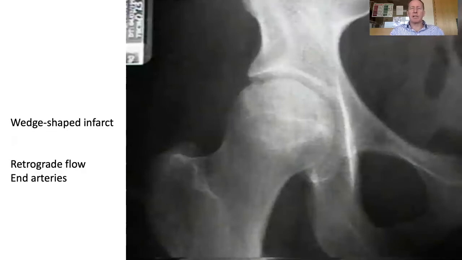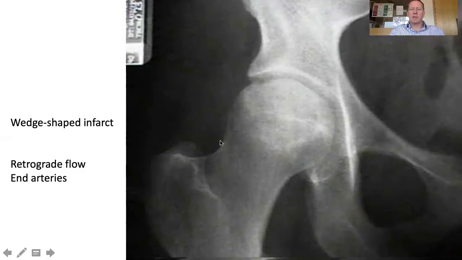So here we go. We're going to show you three X-rays which really sum up avascular necrosis. Here's the first one, and here's the classic wedge-shaped infarct that we see in avascular necrosis. This is a huge infarct, but classically wedge-shaped. And the reason certain parts of the body are prone to avascular necrosis is because you have a retrograde blood supply with end arterial dominance.